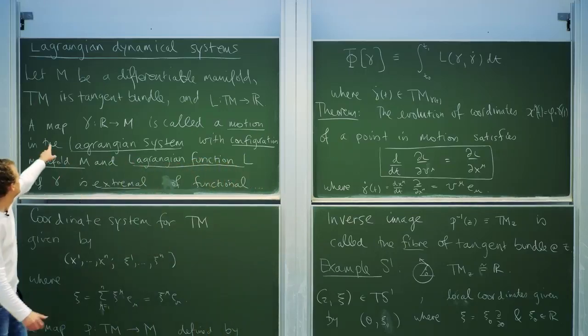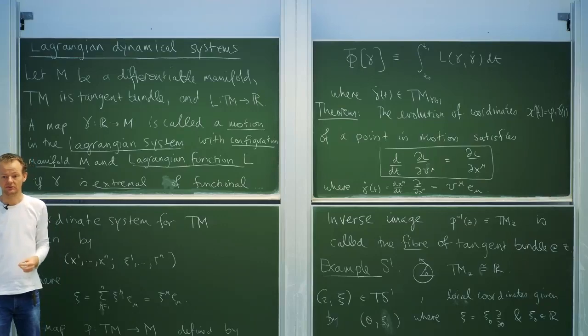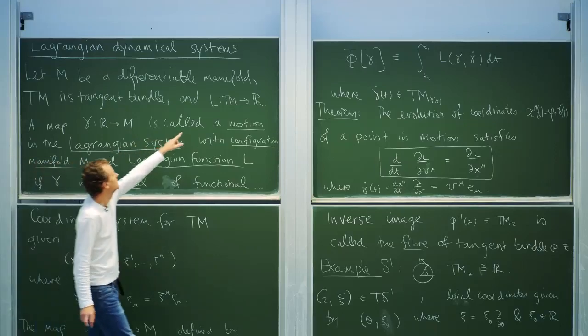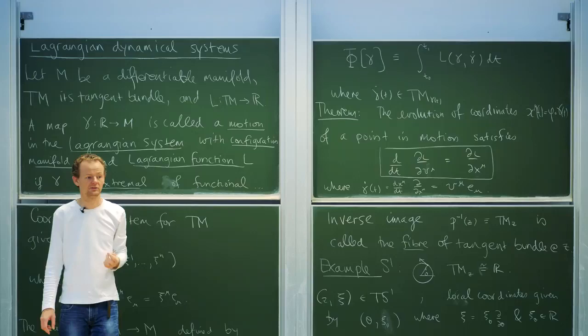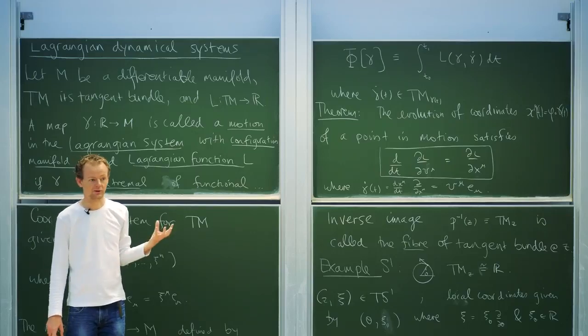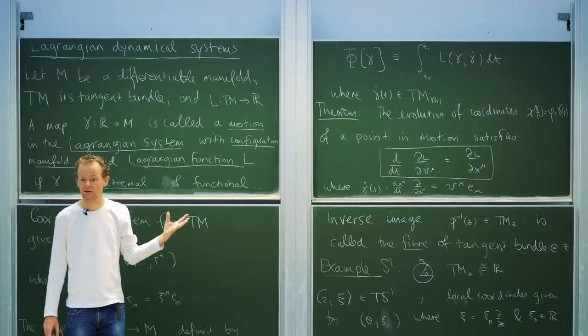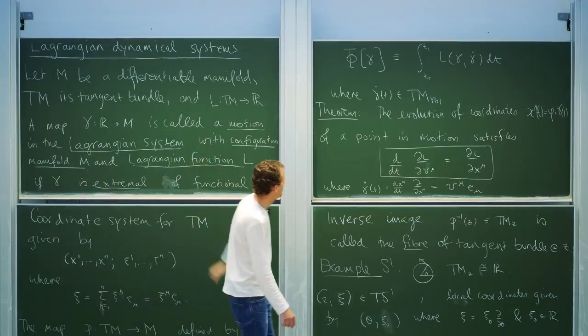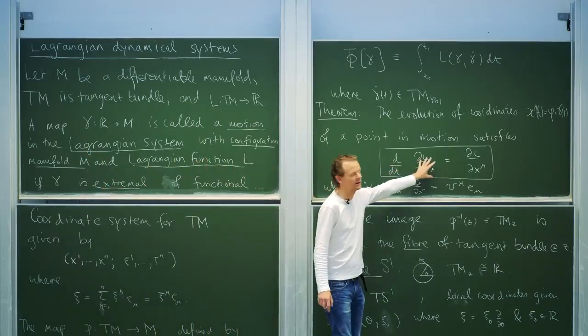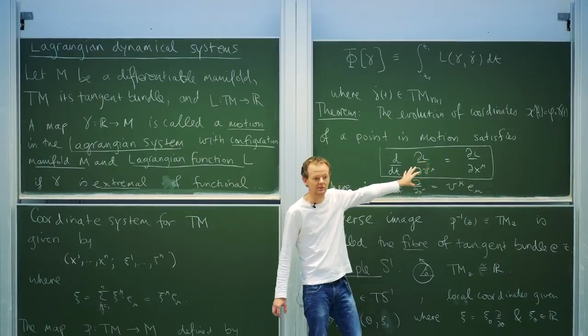I know that the tangent bundle is the correct place to talk about velocities on a sphere. And I know that the Lagrangian function is just the kinetic energy for a bead constrained to a sphere. So that's some function that I can write down or at least work out again. And then when I pick some coordinate system, I can laboriously work out all the equations of motion for the bead on the sphere.